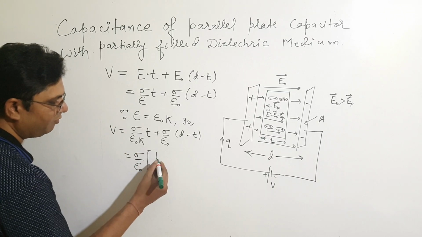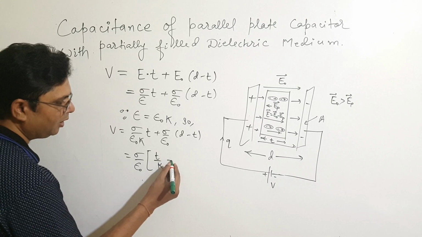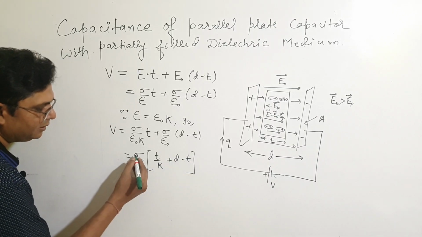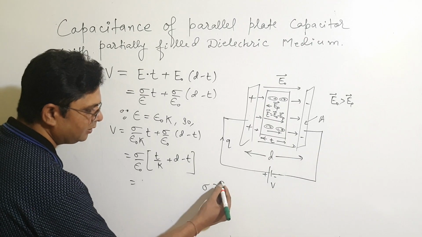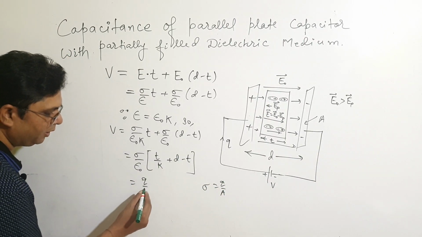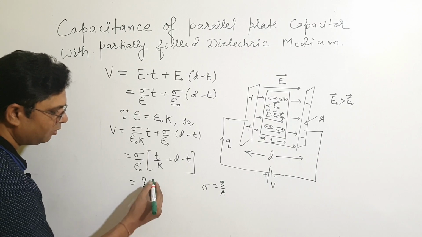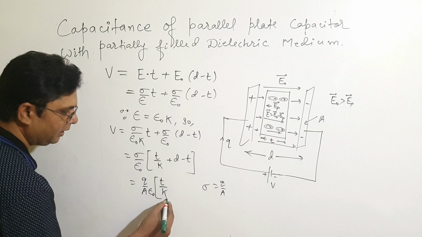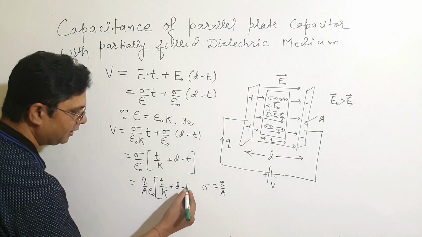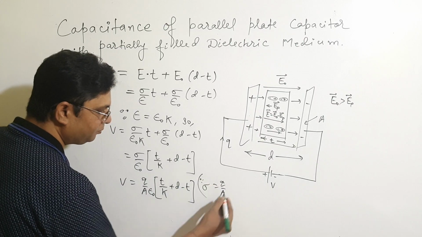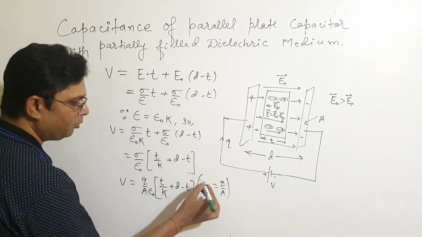Inside you have T upon K plus D minus T. You know that sigma equals Q upon A. So put the value here: Q upon A epsilon naught, and in brackets T upon K plus D minus T. This is the potential.